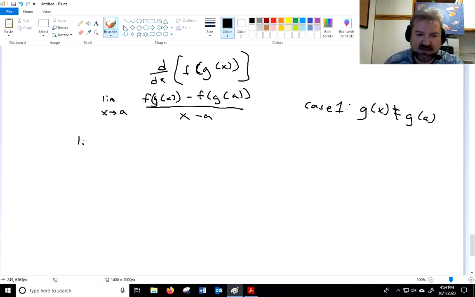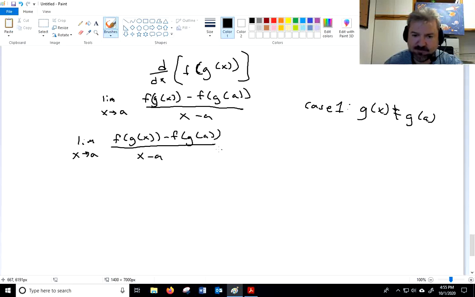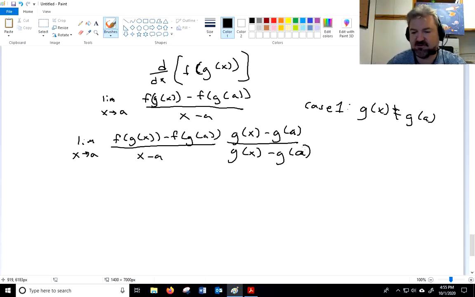Well, if g of x does not equal g of a, then doing this is a perfectly reasonable thing to do: multiplying by g of x minus g of a over itself. That's totally okay because g of x and g of a are not equal, so I'm not dividing by 0 here.